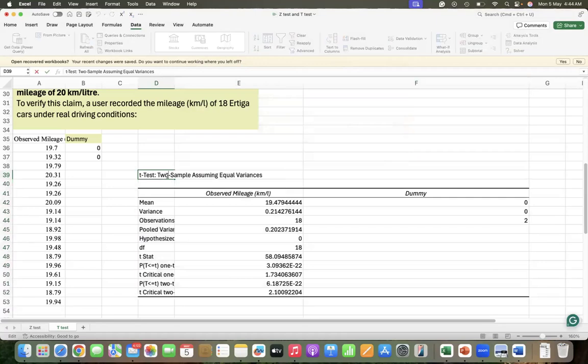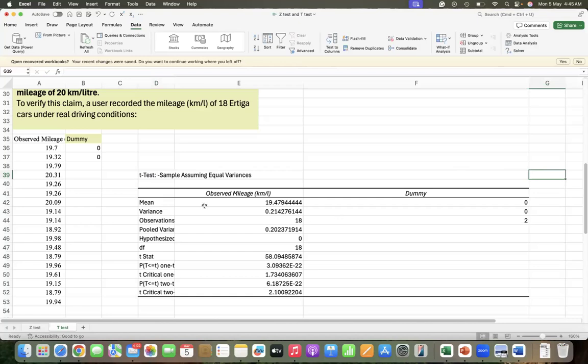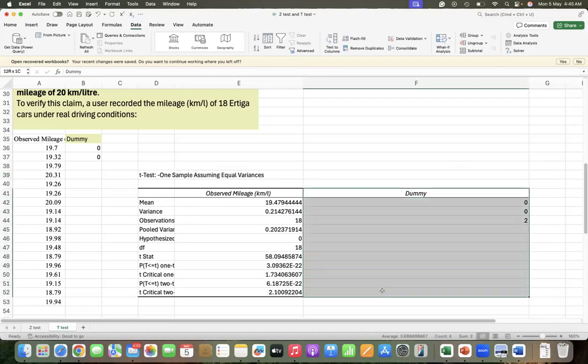Okay, first we will correct this because here we were using one sample, and this dummy variable we can delete now. Just give me a moment.